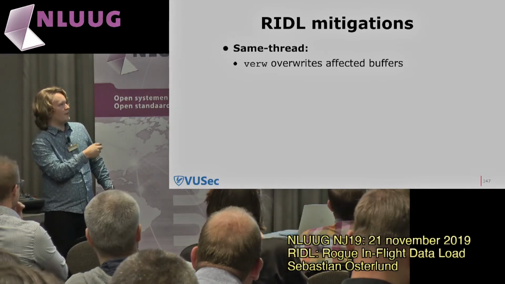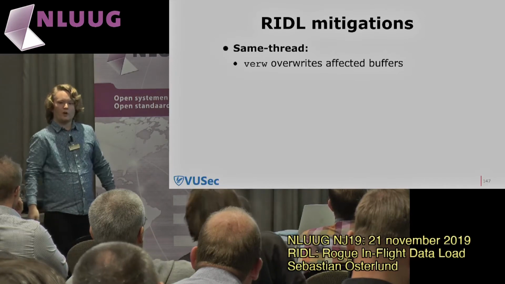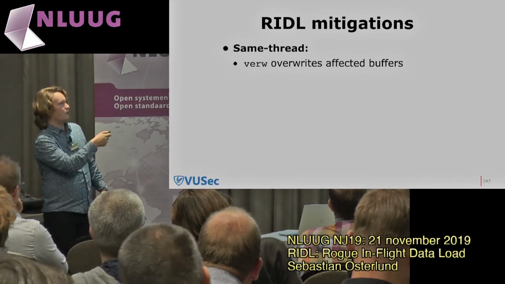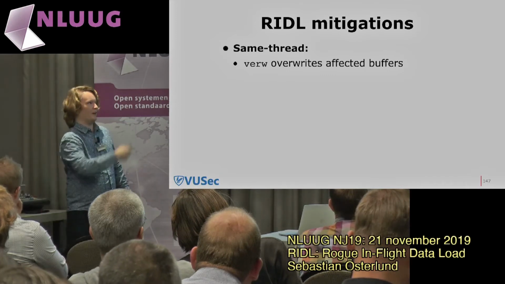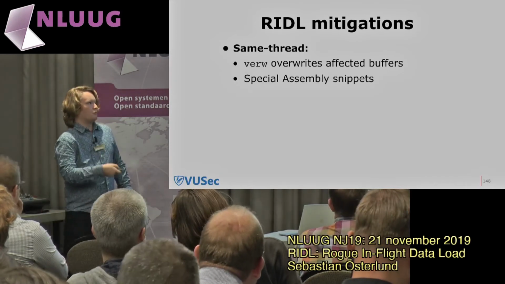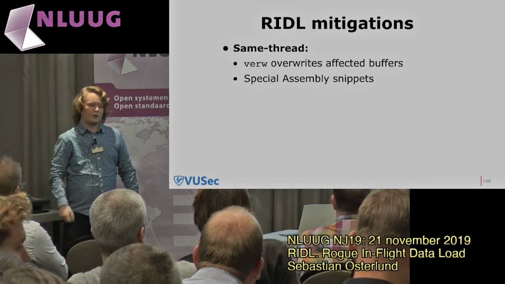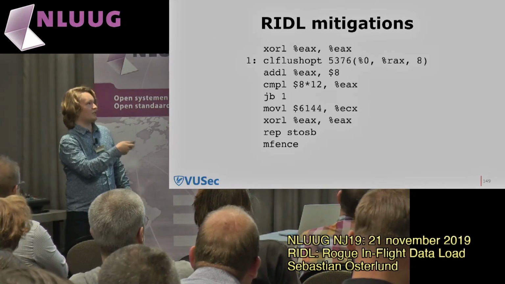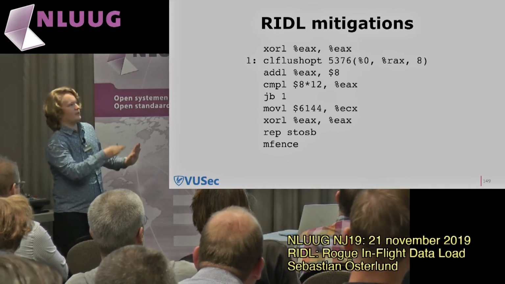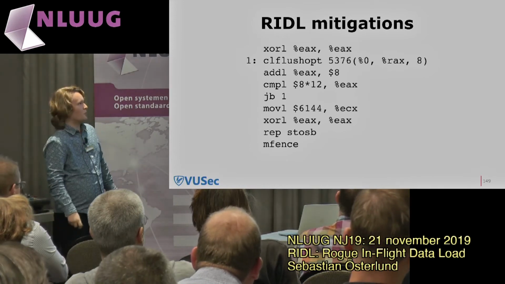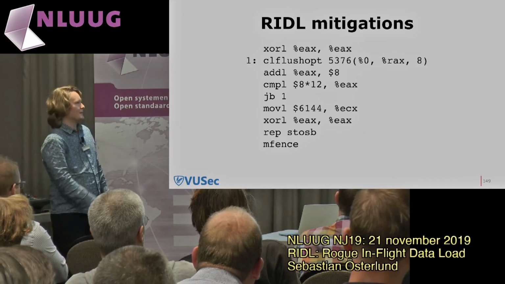There's a hardware fix for this. Intel brought out microcode updates, which repurposed the VERW instruction so that it flushes the affected buffers. For CPUs that don't have microcode updates, they provided some weird assembly snippets that look like this, that are supposed to flush these buffers. Well, later it turned out that these don't work that well, as you might have read.